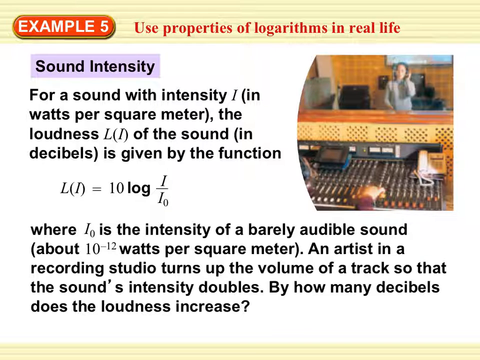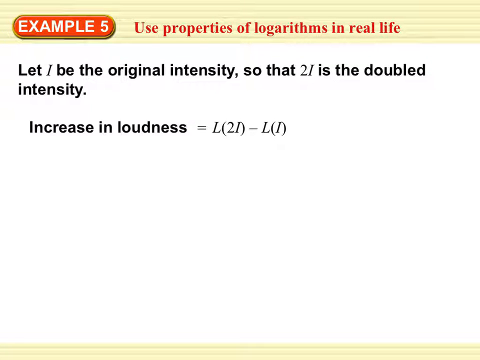By how many decibels does the loudness increase? It's a very confusing problem if you ask me. But we do know that, let I be the original intensity so that 2 times I is the doubled intensity. So the increase in loudness is L of 2I minus L of I.